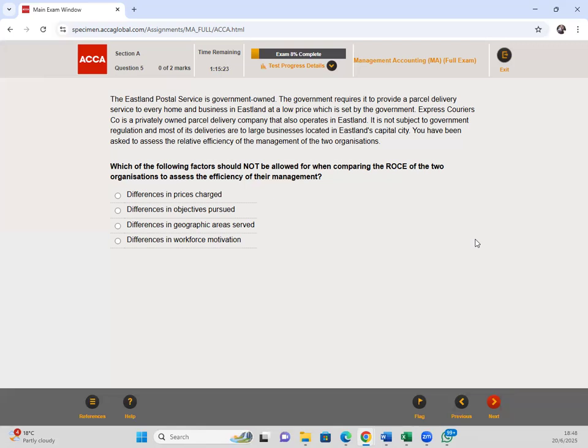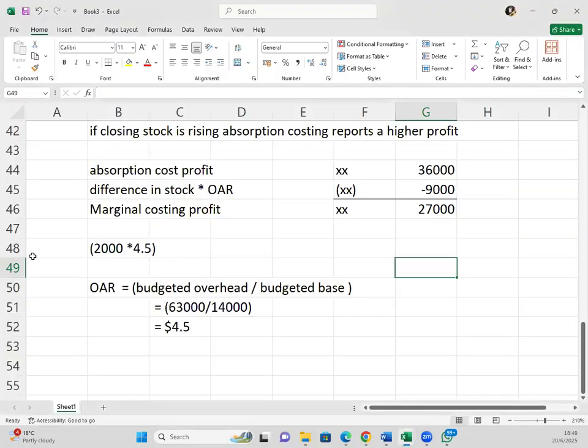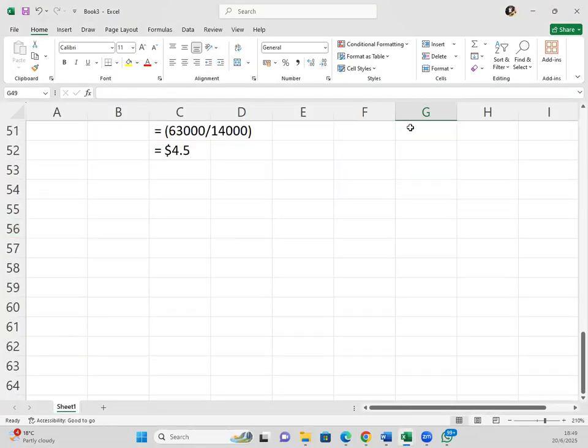Which of the following factors should not be allowed for when comparing the ROCE of the two organizations to assess the efficiency of their management? Let's remember the ROCE. It is the return on capital employed.